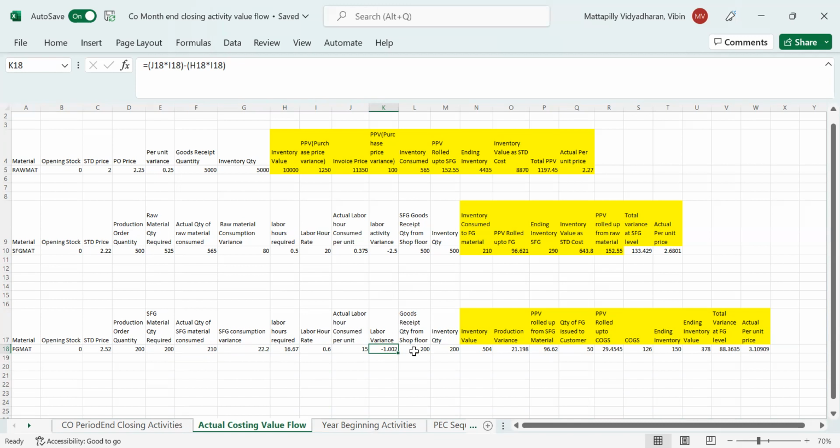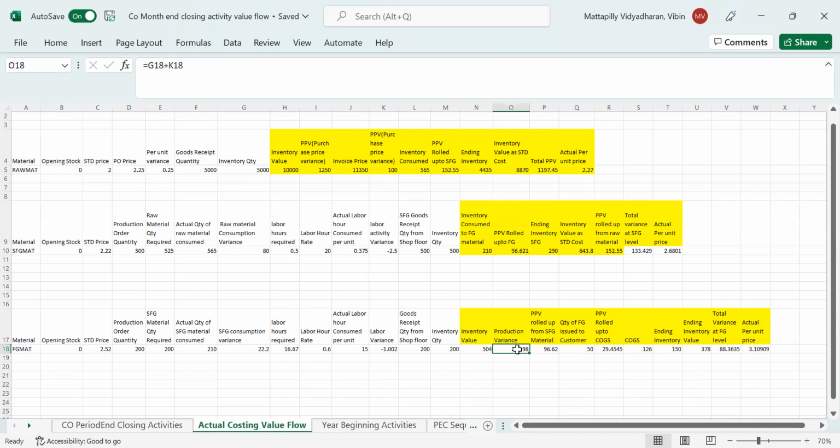Goods receipt quantity from shop floor is 200. So once the production is completed, we receive the complete goods from the shop floor, that is 200. Inventory quantity is 200. The inventory value is found by multiplying by 2.52.